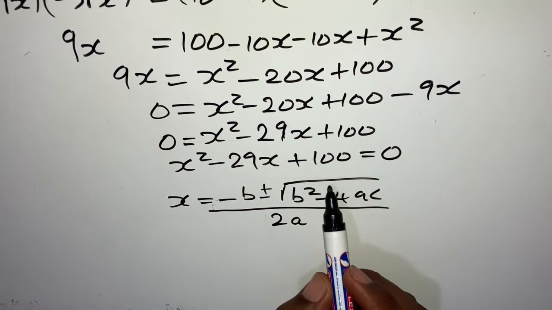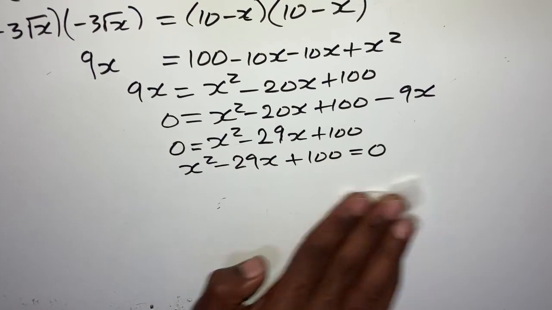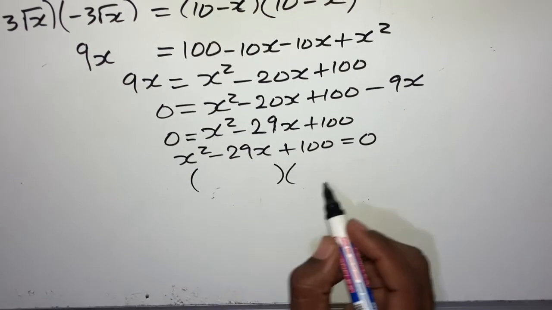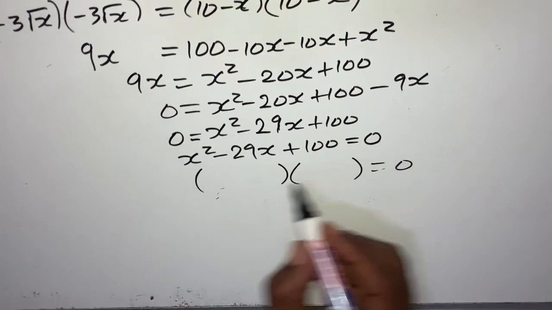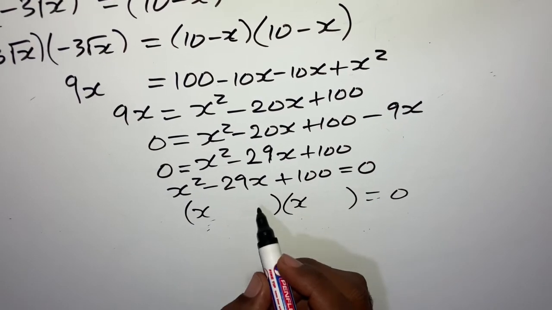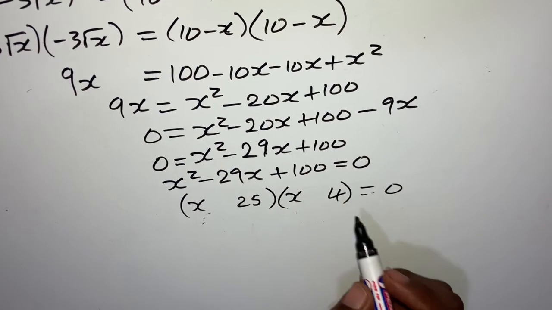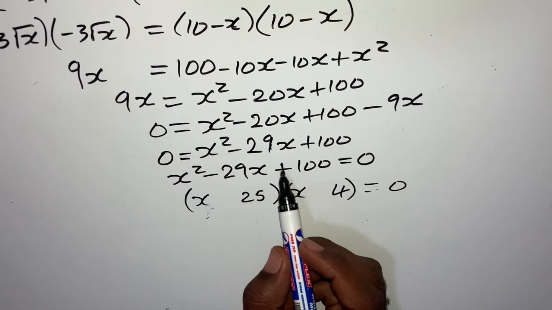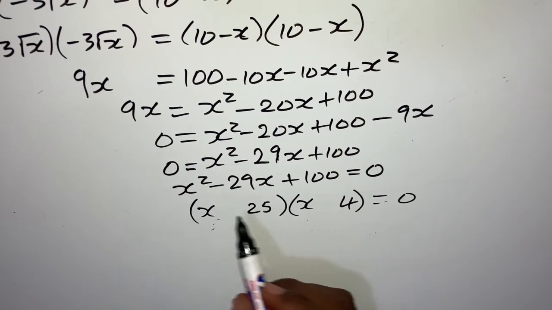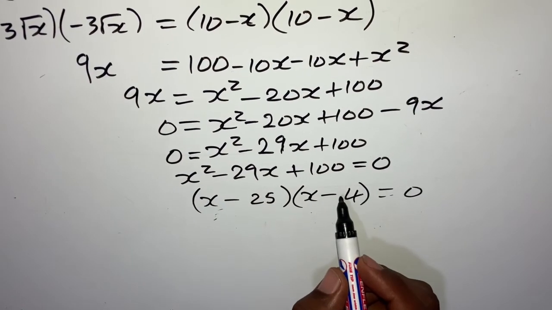So now we're going to use the factors, meaning that I'll erase this. Then our factors will be x and x, then 25 and 4. Since it's a plus, it means my signs are the same. And which sign is that? It's the sign of the middle term. So I'll use a negative and a negative.